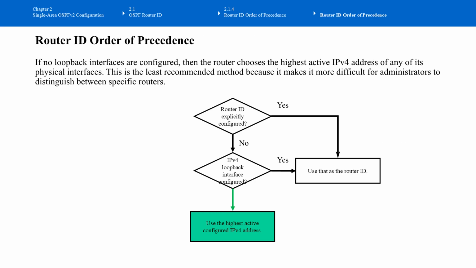And now we have three flowcharts to describe this procedure. The most preferred way is here. You can think of a router ID selection as a simple decision tree. The first one is, is a router ID manually configured? If it's yes, we use it. If it's no, continue.